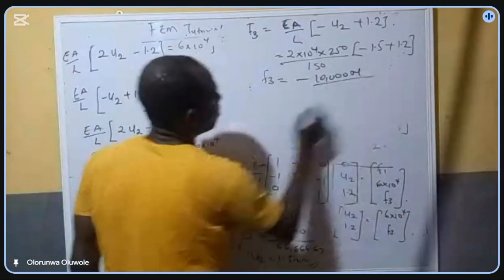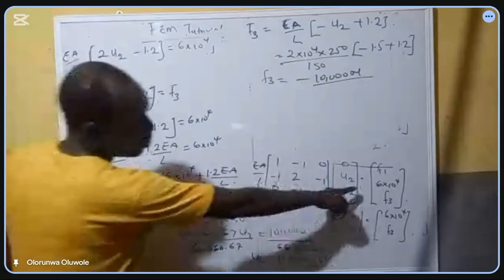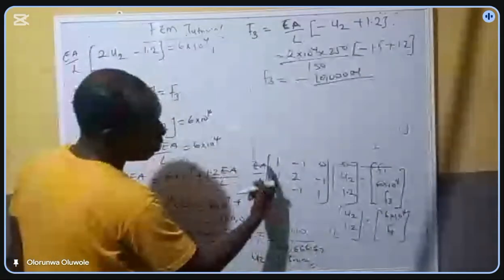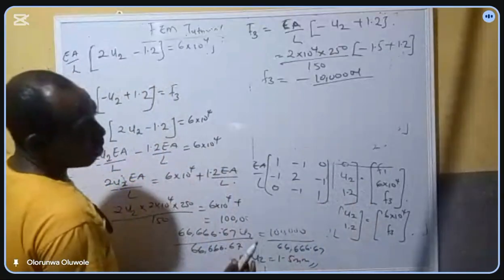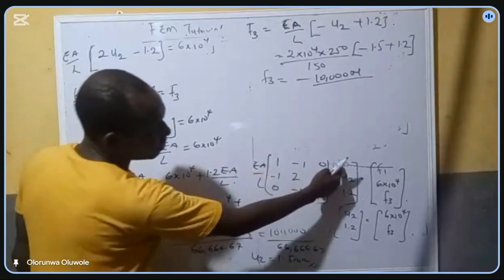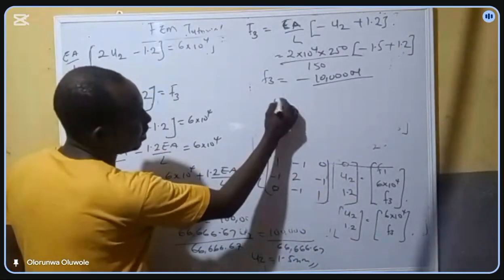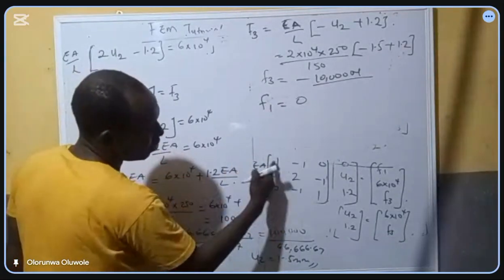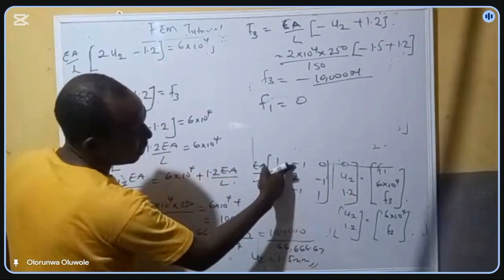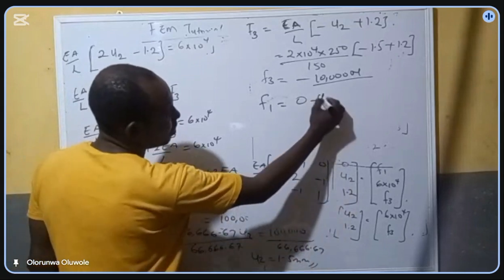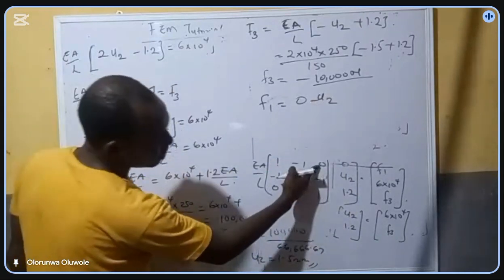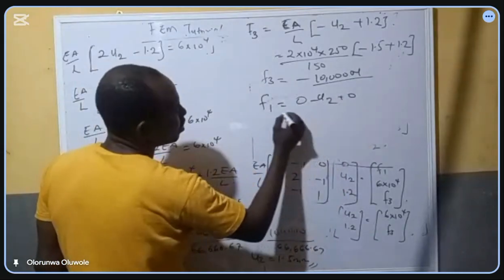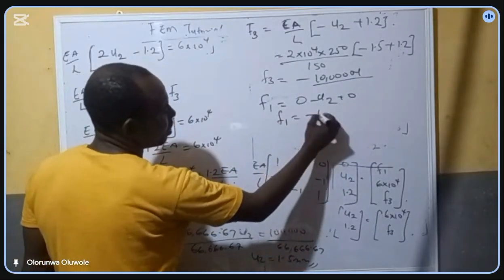Someone should confirm. So from here, we can multiply to get our F1. How? 1 times 0 is 0. F1 equals 0, 1 times 0 minus 1 times U2, minus U2, then 0 times 1.2 is 0. So my F1 equals minus U2.